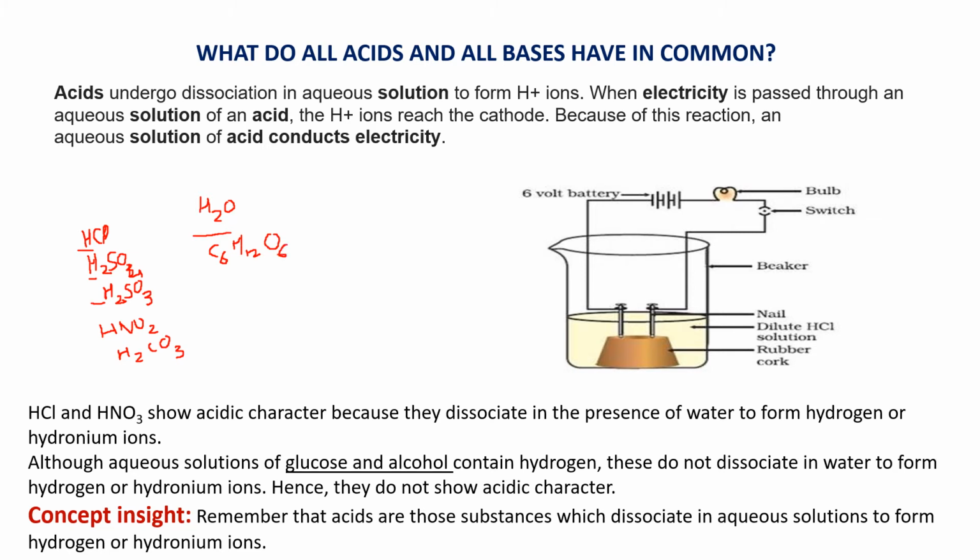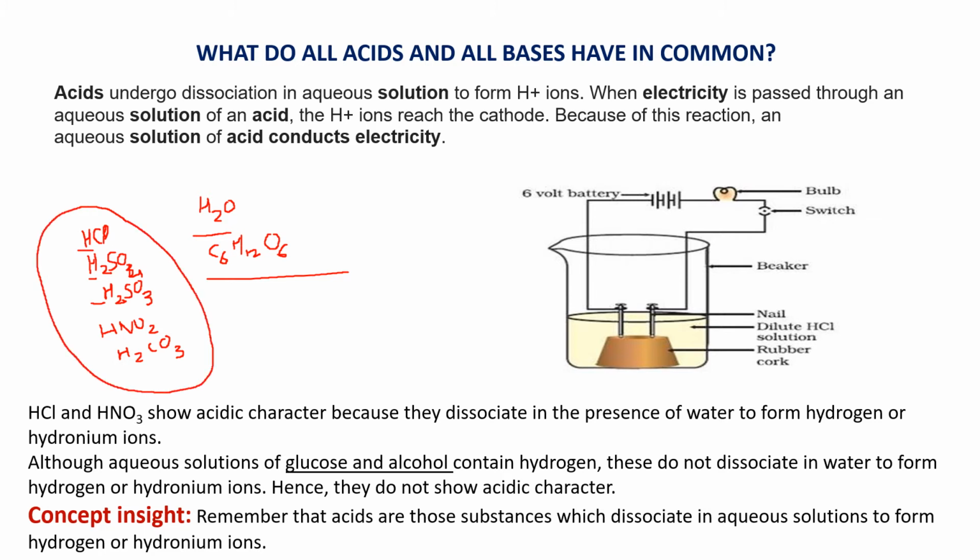Sugar also has hydrogen. Acetic acid also has hydrogen. Glucose also, this is sugar or glucose, right? This also has hydrogen. So can I say that these are also acids? No, no, we can't say that these all are acids. So let's perform an activity which will tell you which compound can be an acid, right?